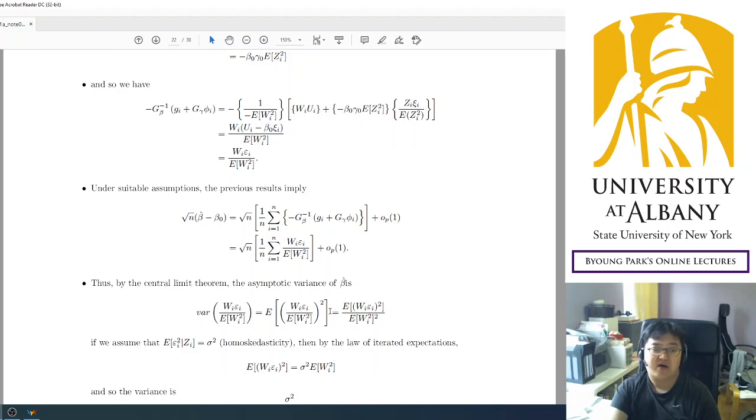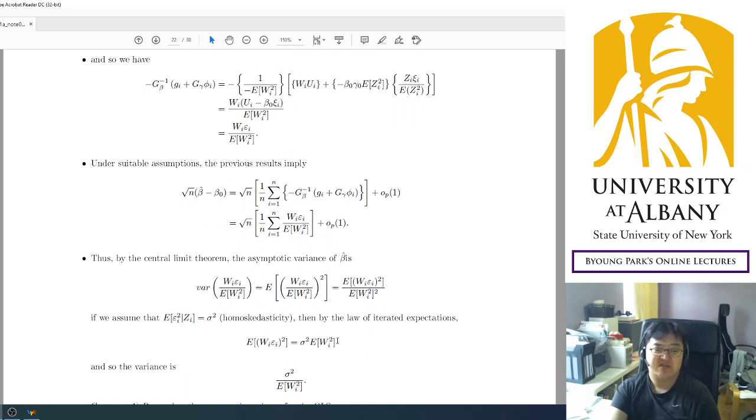And it can also be simplified by assuming homoscedasticity. If the expected value of epsilon squared, conditional on z, does not depend on z, then by the law of iterated expectations, it implies sigma squared times the expected value of w squared.